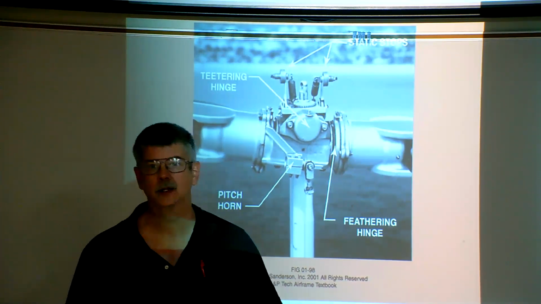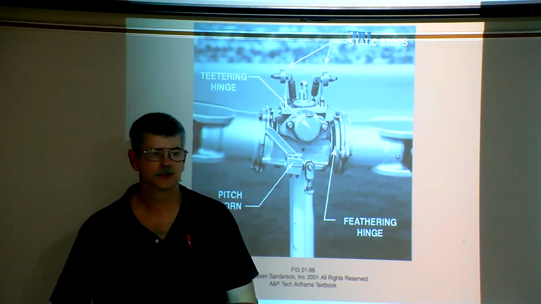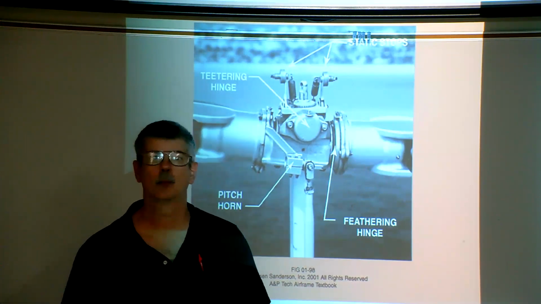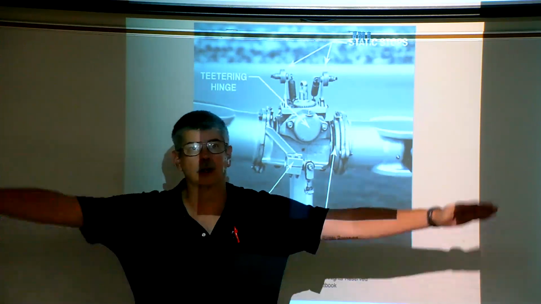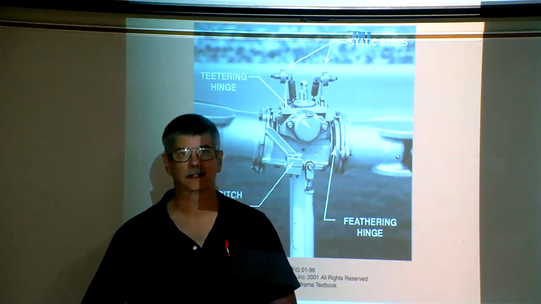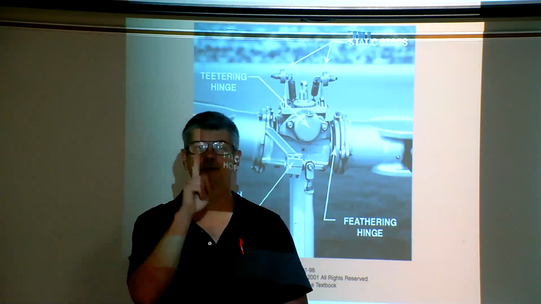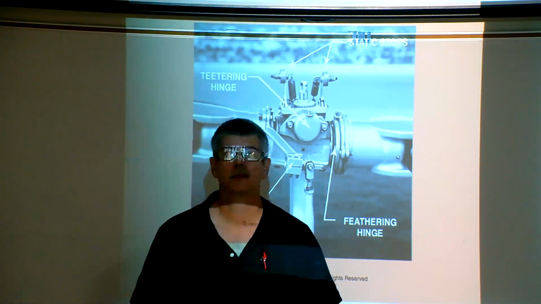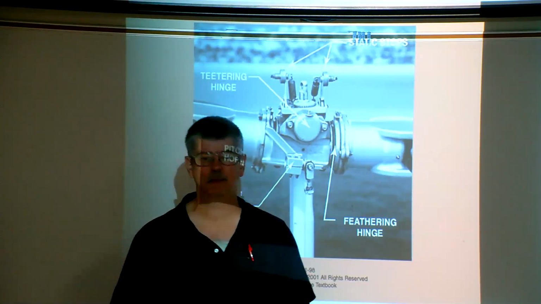Now, we know that because of yesterday. Why is the semi-rigid rotor blade under slung? It's to help minimize the Coriolis effect. The Coriolis effect basically is that as a rotating mass gets closer to the center of rotation, the speed doesn't change, but the RPMs do.